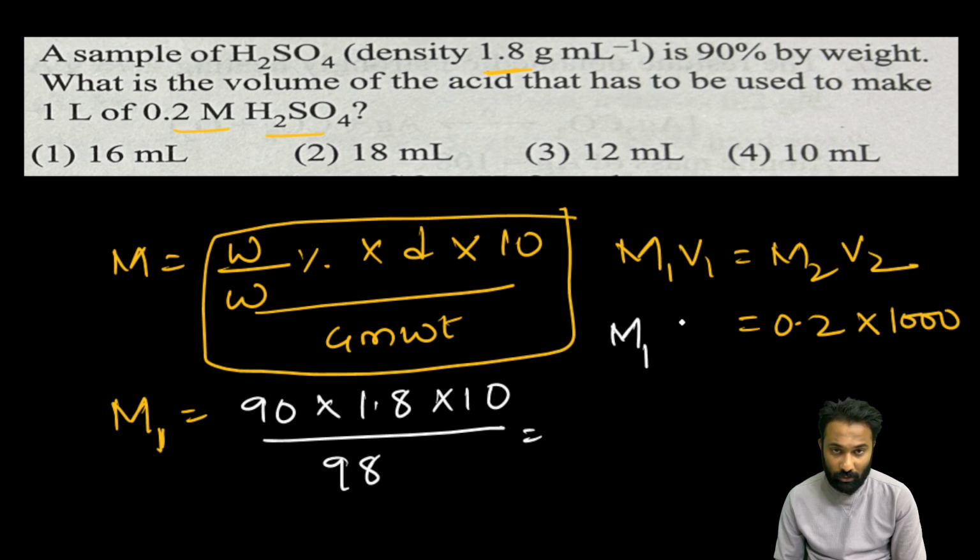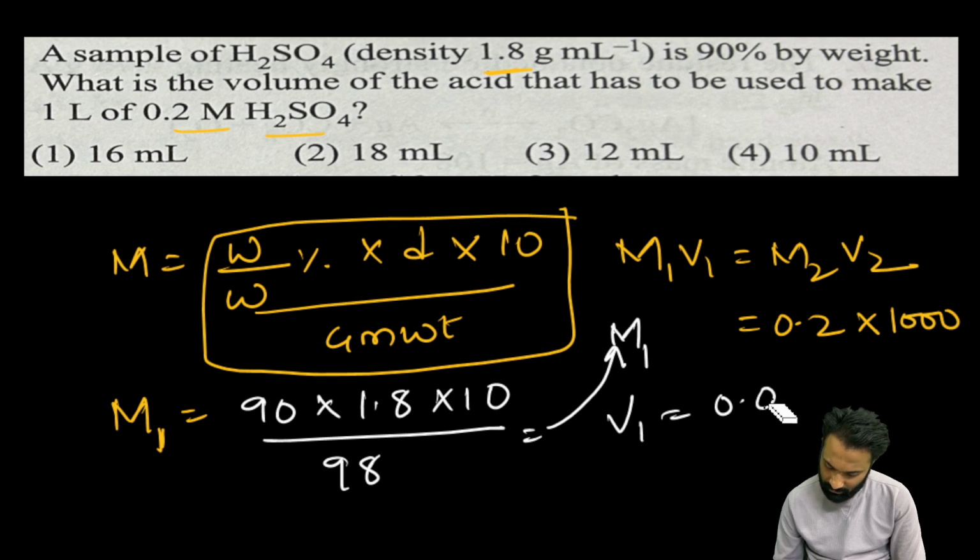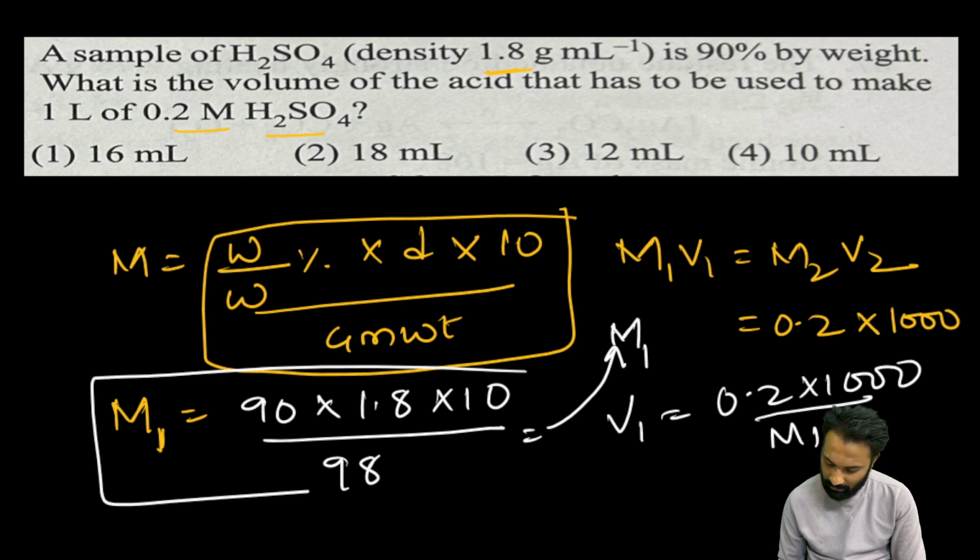And V1 you have to calculate. V1 is equal to 0.2 into 1000 by M1, which we got by this calculation.